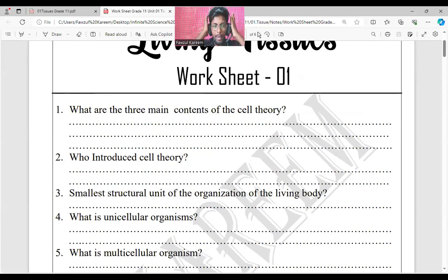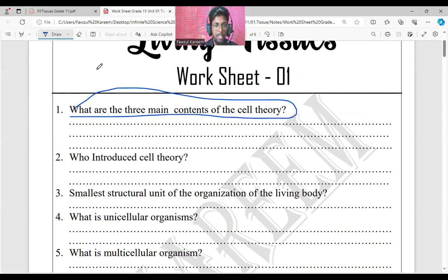So Anushya, right? Can you say the three main contents of the cell theory? Then only I will explain. Tell me, Anushya, what are the three main contents of cell theory?